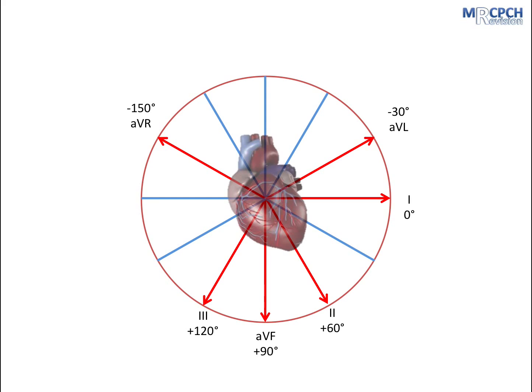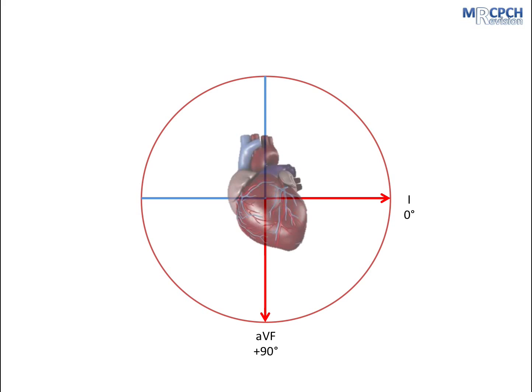Well, this is quite a complicated diagram at the moment, and I'm a believer in simplicity. So let's simplify it. To determine the axis, we only really need to consider these 2 leads, 1 and AVF. So how does this help us in working out the axis? Well, if the QRS complex in lead 1 is mainly positive, that means the electricity is flowing towards lead 1, like this.